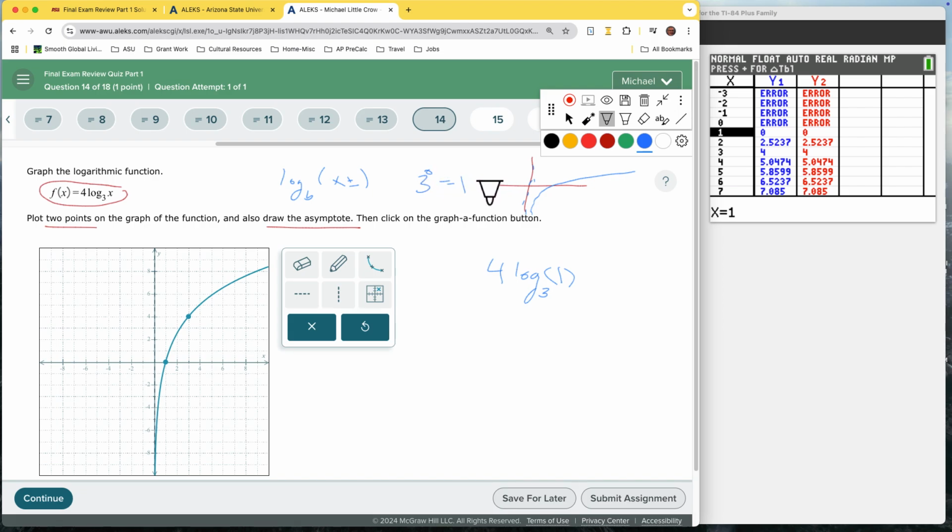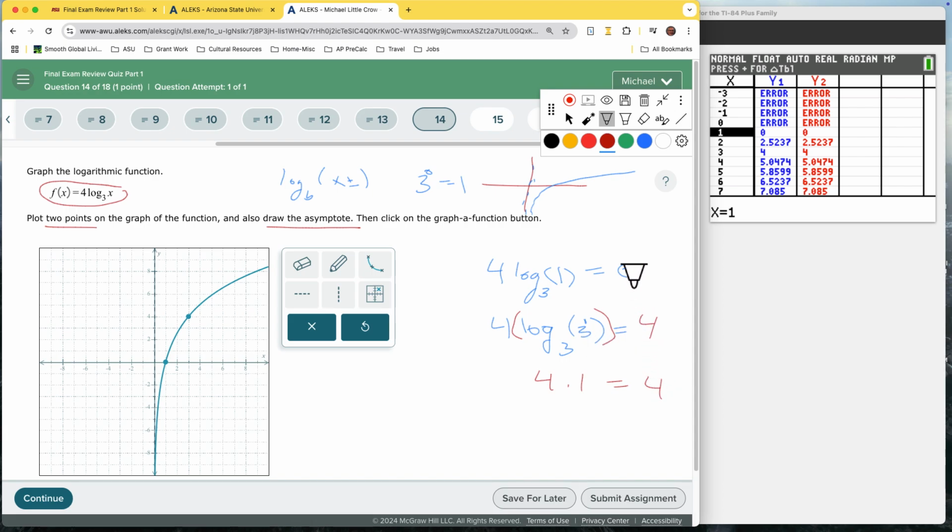These are going to switch places. That's why we always get 0, no matter what the base is. The other one that's important is if you do the log of what the base is. So the 3, that's 3 to the first power. The answer is going to be 1. And then we're multiplying, so the inner part becomes 1. 1 times 4 is 4. That's where the point 3, 4 came from.